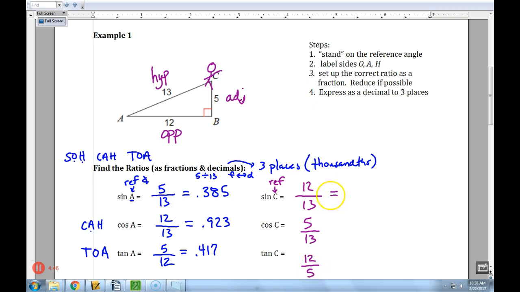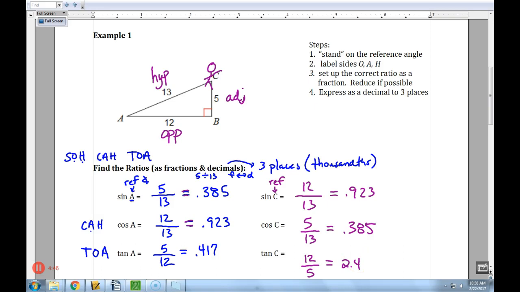Then I can find these 3 decimals quickly. 12/13 I already have over here, it's 0.923. 5/13 I already have right here, 0.385. And the tangent is different: 12 divided by 5, which is 2.4.